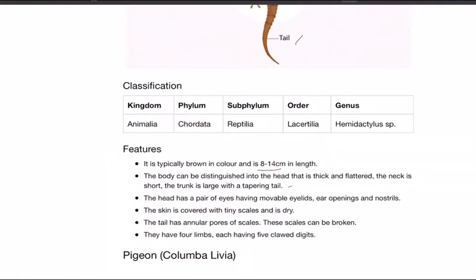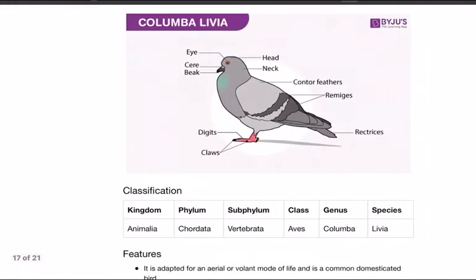Body can be distinguished into head, that is thick and flattened, neck is short, trunk is large with a tapering tail. Head has a pair of eyes having mobile eyelids, ear openings and nostrils. The skin is covered with tiny scales and is dry. Tail has annular rows of scales. These scales can be broken. They have 4 limbs, each having 5 clawed digits.